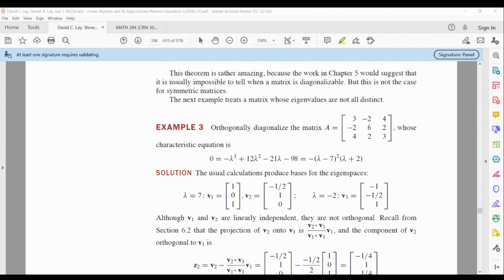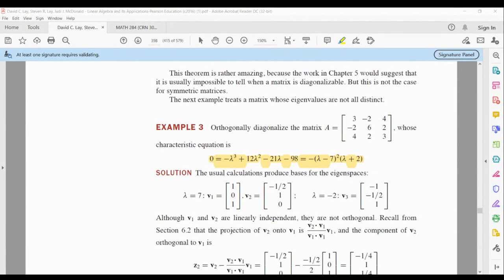But in example 3, they actually get the characteristic equation and then they factor it out. And you can see 0 equals negative the quantity lambda minus 7 squared times lambda plus 2. So this means that the eigenvalue 7 has multiplicity 2, and the eigenvalue of negative 2 has multiplicity 1.